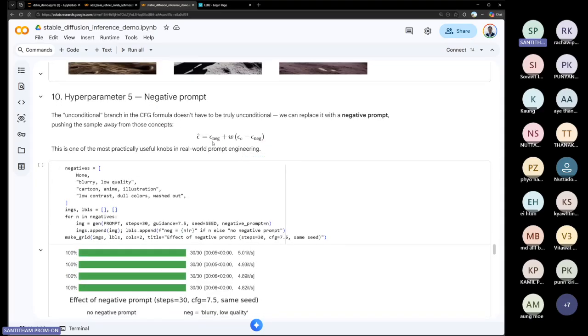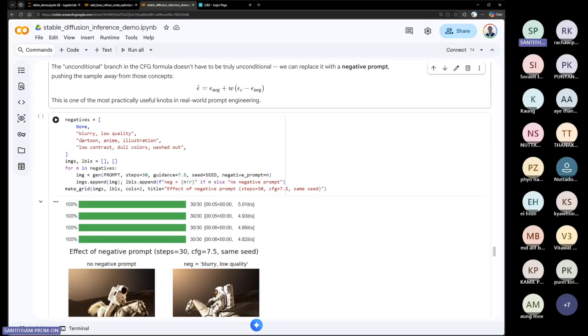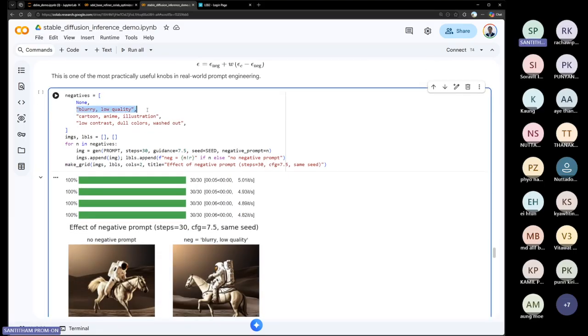Negative prompt, right? We know that the predicted error equals the error of the negative plus guidance times the error of the condition minus the error of the negative, or the contrast between the positive and the negative. This is negative blurry, negative cartoon, negative contrast, and no negative.